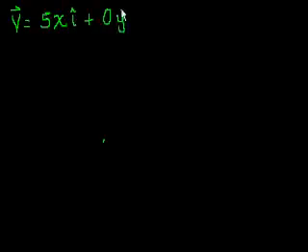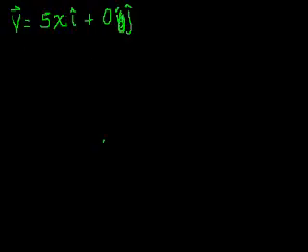Let's say the velocity of a fluid, or the particles in a fluid, at any point in the xy plane is equal to 5x i plus 0 j, right? j is the unit vector in the y direction. So there's never a y component to the velocity vector.